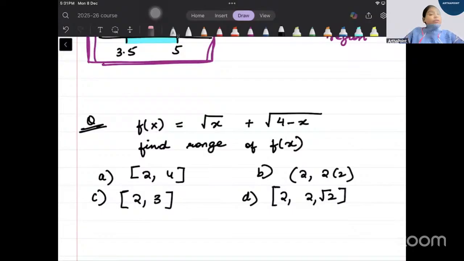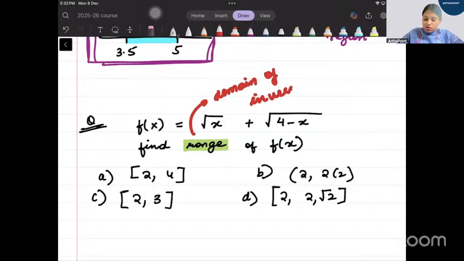So to find the range of the function, you can go ahead and find the domain of the inverse of the function. That can be one method which you can apply. Find the domain of the inverse of the function.